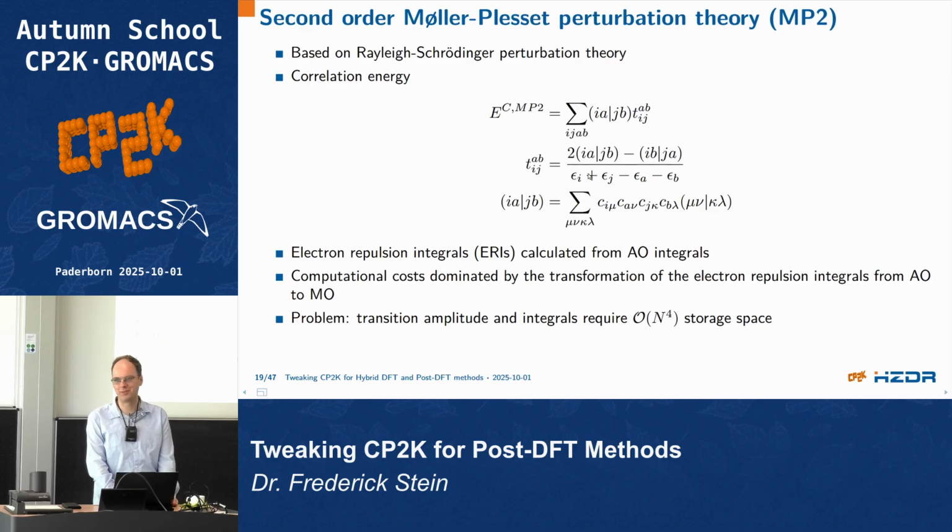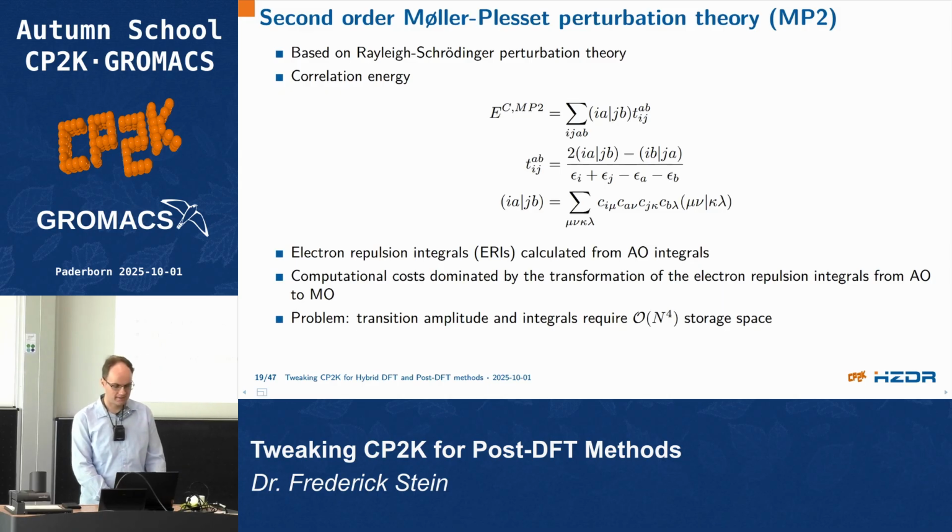So we again have to bother with electron repulsion integrals. The electron repulsion integrals are now given using molecular orbitals and are usually obtained from the ones in the atomic orbital basis by successively multiplying with the orbital coefficients. Because of this step, this whole procedure scales with the 5th power of the number of atoms, so it's even more expensive than Hartree-Fock.